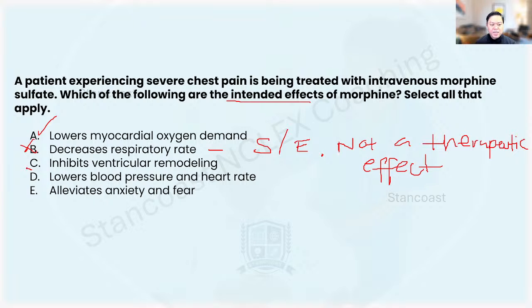The medication that can do that is the ACE inhibitor, angiotensin converting enzyme inhibitor, such as lisinopril or enalapril. ACE inhibitors prevent ventricular remodeling.